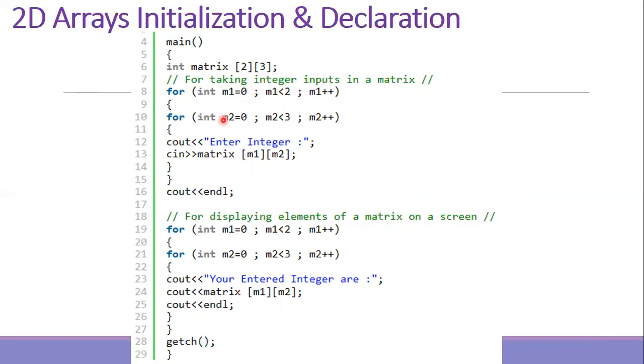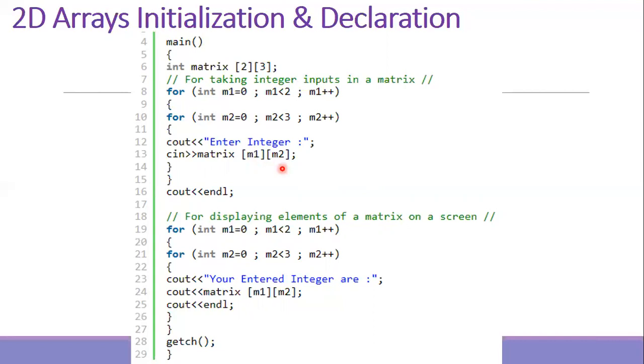Now we have used the nested loop to fill the array named matrix. When this loop will be executed, first of all, the value for both variables will be 0 and 0. So whatever integer the user enters, it will be stored at the location 0 and 0, then 0 and 1, then 0 and 2.